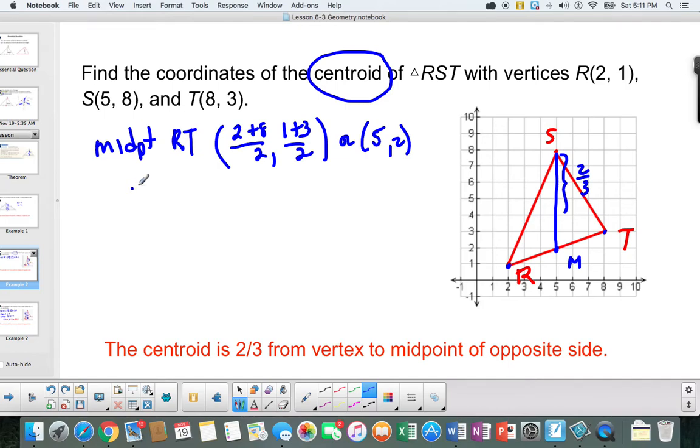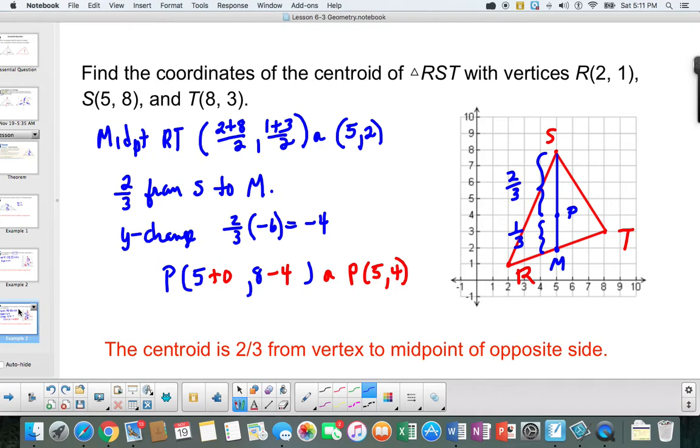Okay, so we want to find 2/3 of the way down, 2/3 from S to M. Sounds like a directed line segment, something we've been doing quite a bit. Let me show you the next screen and remind you how to do that. All right, so we want to take a look at the X change right here.